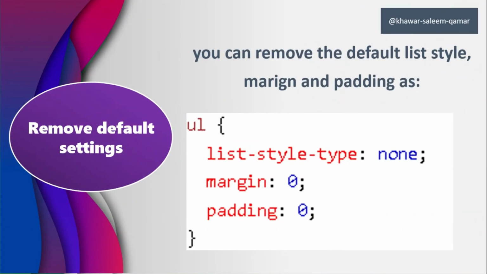After positioning the markers, I would show you how to remove the default settings from our list. To do this, by default we have list-style set to circle. We can shift it to none, and we can also remove the default margin and padding.